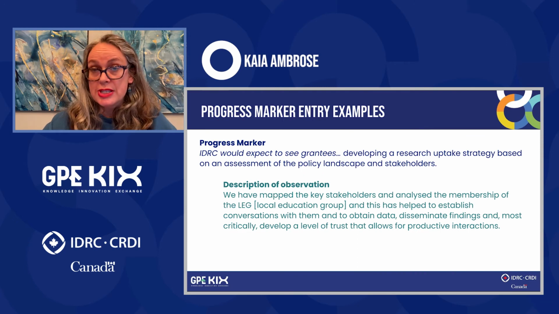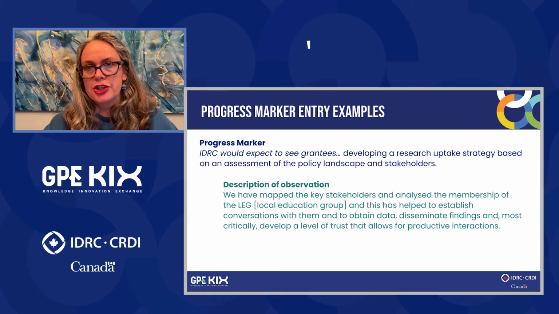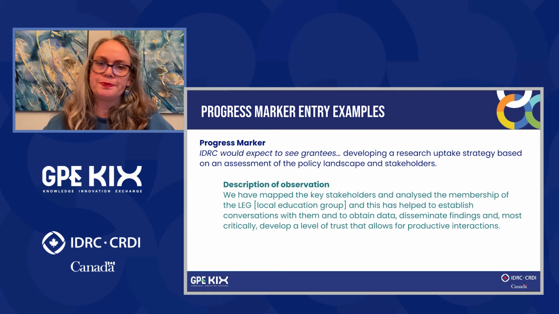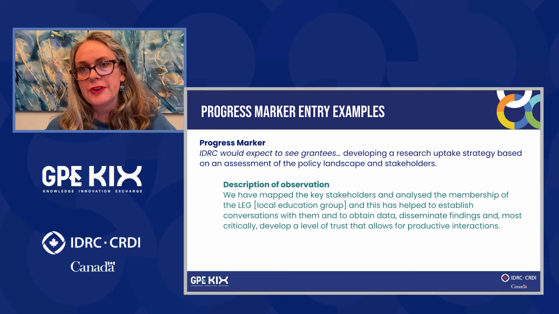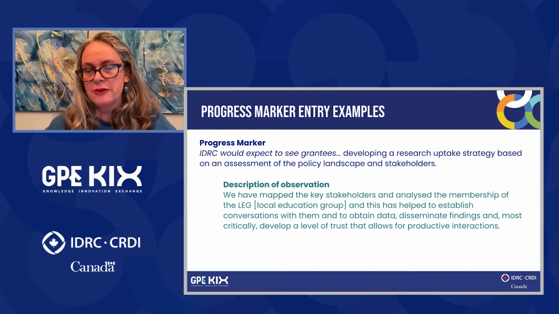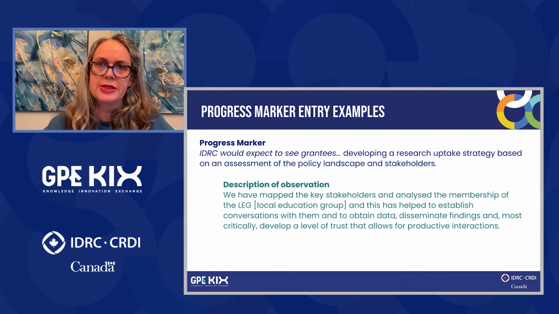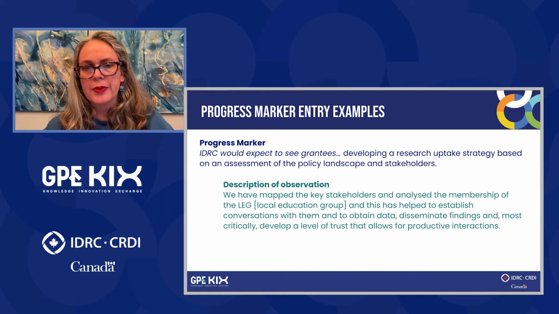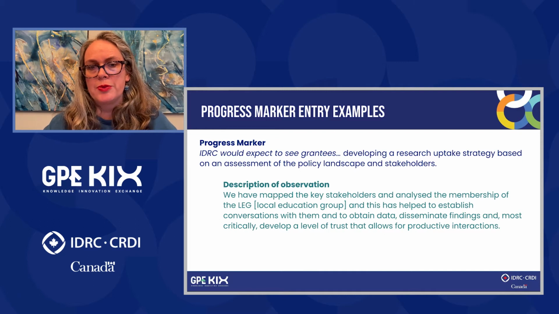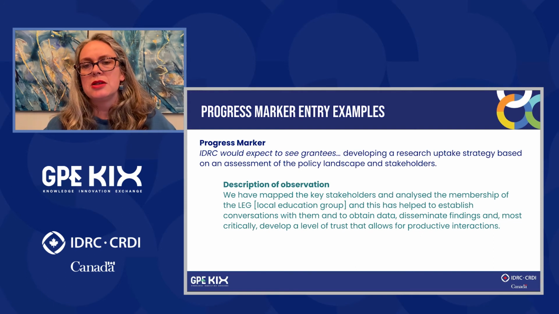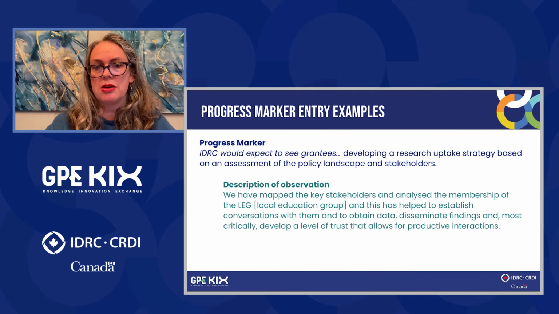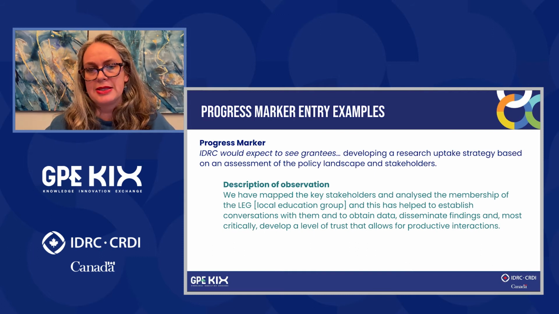So these are some examples of what you might enter into that description field. The other fields are fairly straightforward identifier fields, which project is reporting and where. But the description of the observation of the change as it's linked to the progress marker is really the key part. So this is one example related to the progress marker: IDRC would expect to see grantees developing a research uptake strategy based on an assessment of the policy landscape and stakeholders.